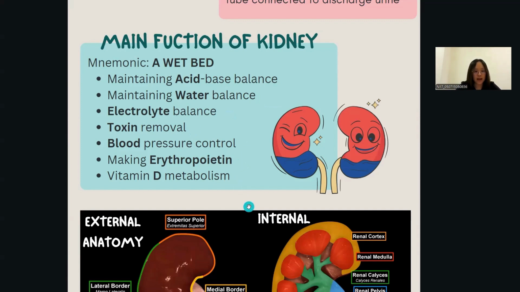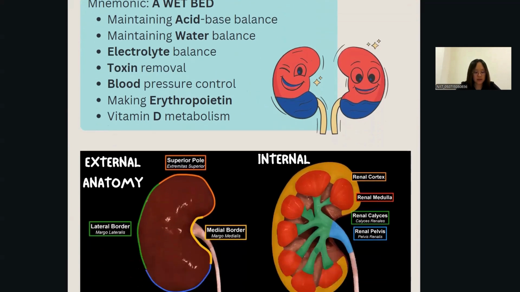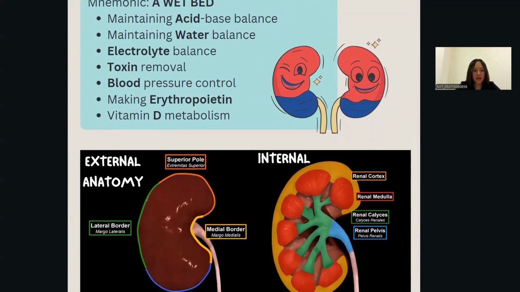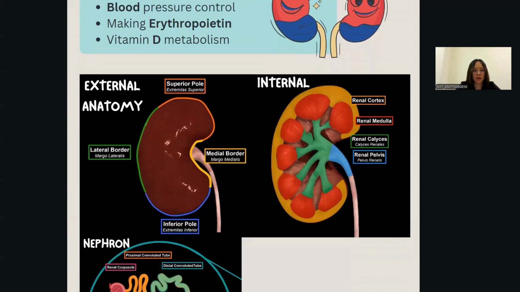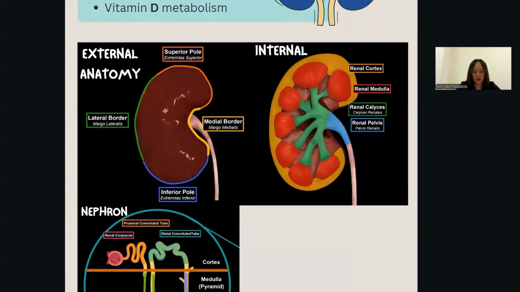Alright, and now I'll be talking about the external anatomy and internal anatomy of the kidney. So for the external anatomy, there is inferior pole and also the superior pole and two margins, which is the lateral border and also the medial border.